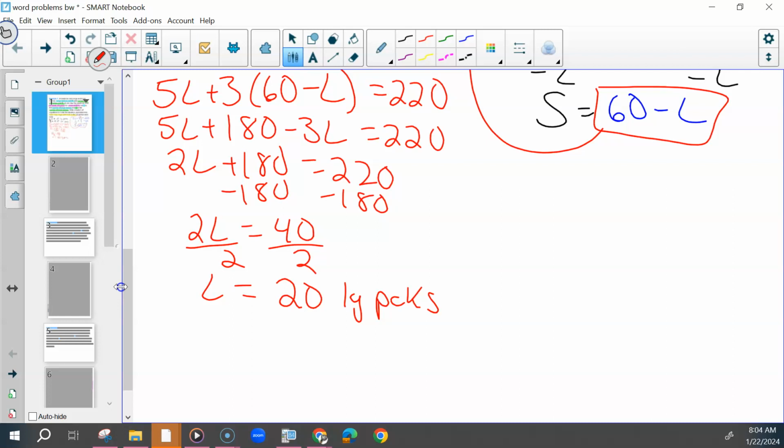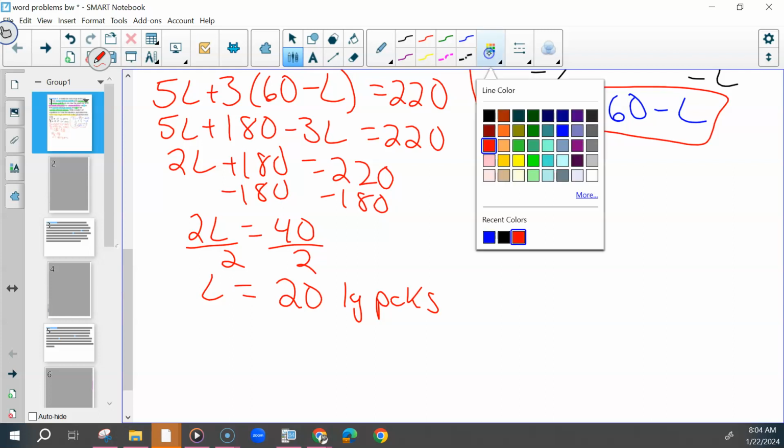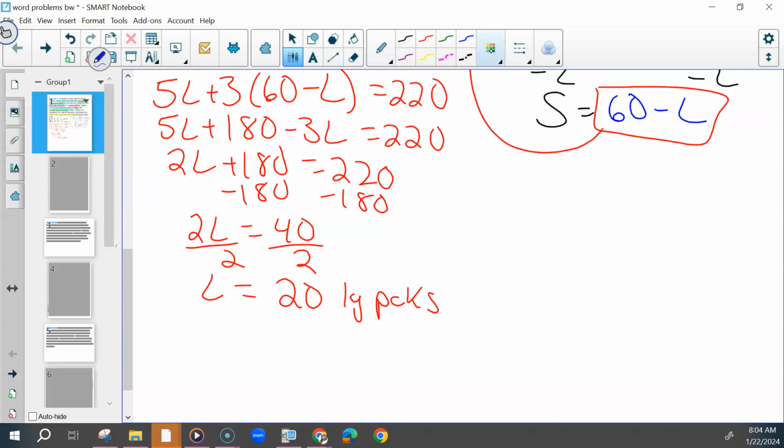And then we have to go back and find the amount of small. We can put this into this equation where S is. So the number of small packs of nachos is 40.